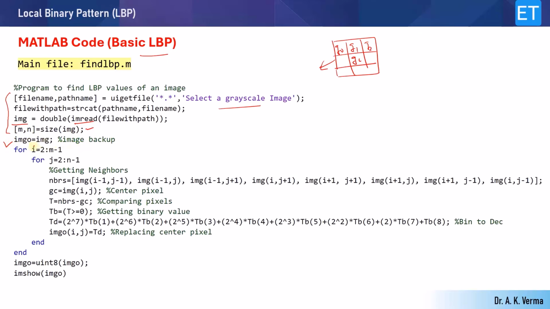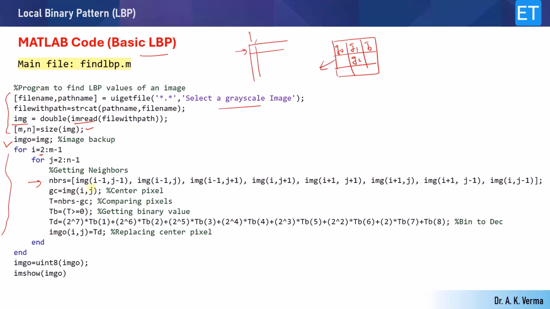Then taking one copy of the image, and inside this for loop, I'm getting my feature vector, considering each pixel as the center, and then considering a 3 by 3 neighborhood around it, leaving the border pixels. That's why my loop starts from 2, because I am leaving the first row and first column, and the last row and last column. So I'm leaving the border.